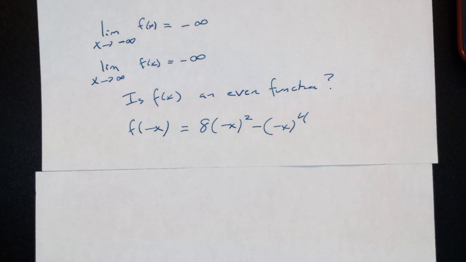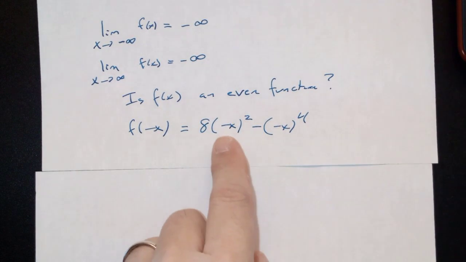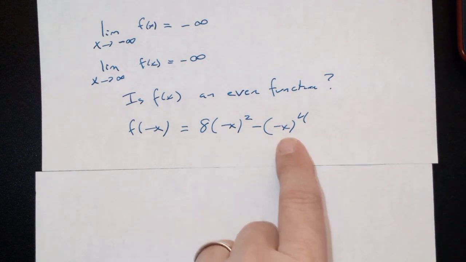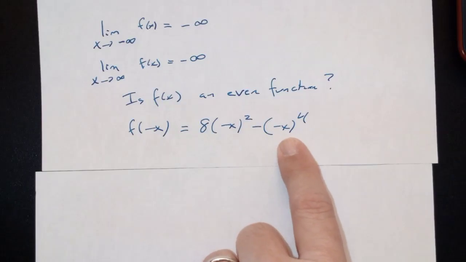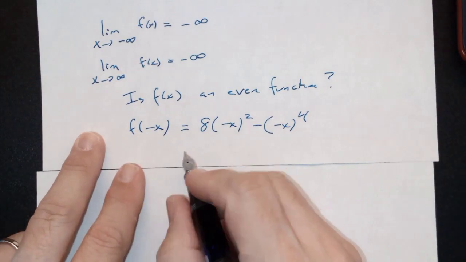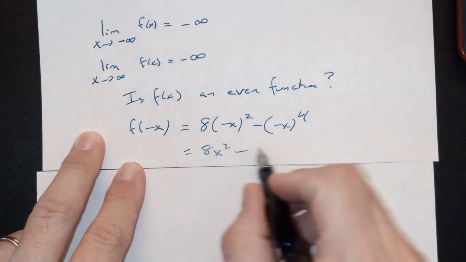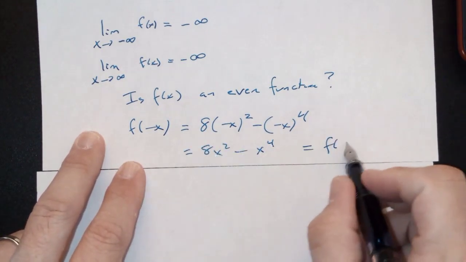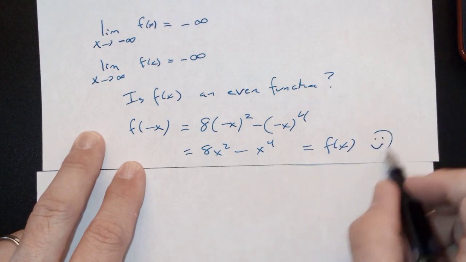What happens when you square a negative number? So this is going to become just x squared. What about here? It's going to become just x to the fourth. Wait a minute. That means this is 8x squared minus x to the fourth. That's the same as the function I started with. It is even.